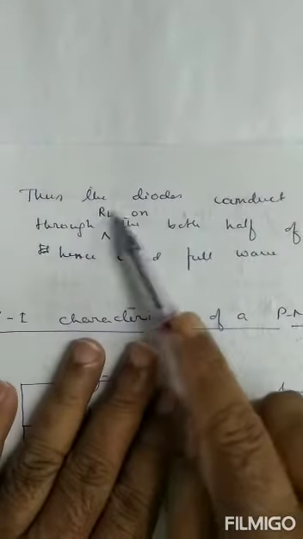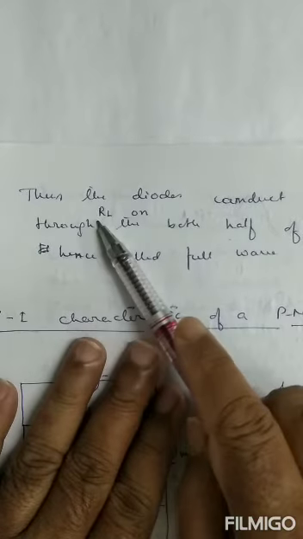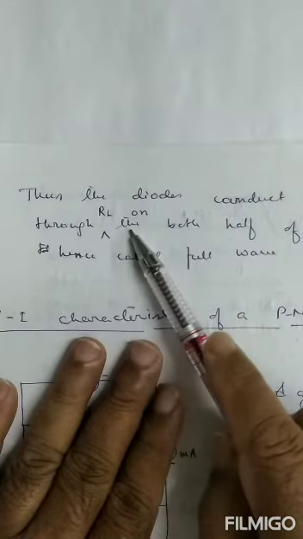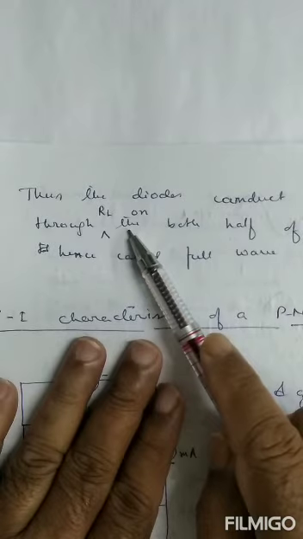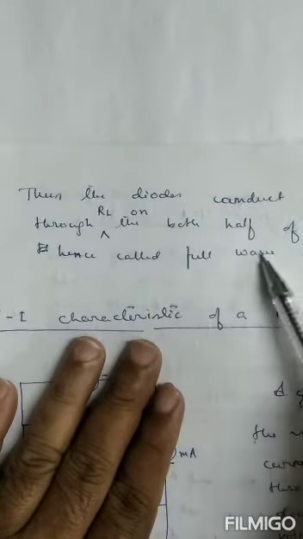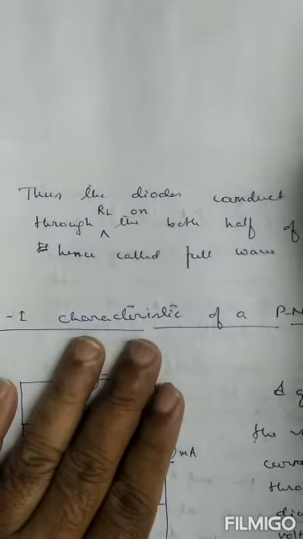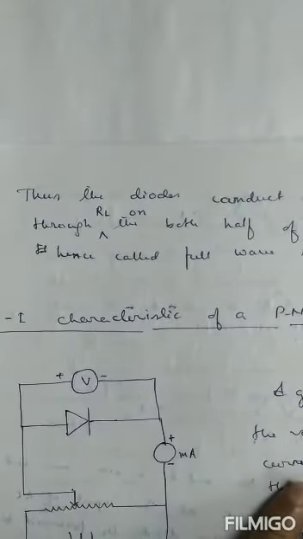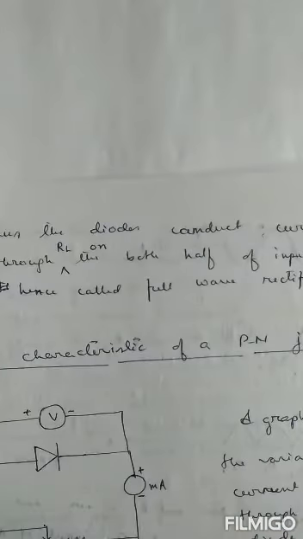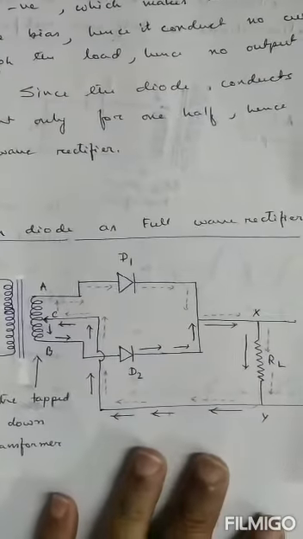Thus, the diodes conduct current through the load resistance for both halves of the input AC. So this is called a full wave rectifier. You see the circuit diagram?